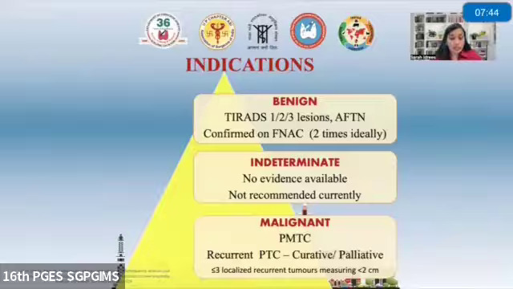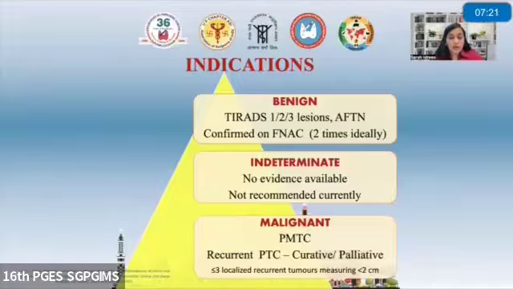Even in malignancy, patients who have papillary microthyroid carcinoma or recurrent PTC having less than 3 lesions measuring less than 2 centimeters in size have easily been ablated using these techniques. Also, indeterminate nodules with negative molecular tests are being subjected to ablation.